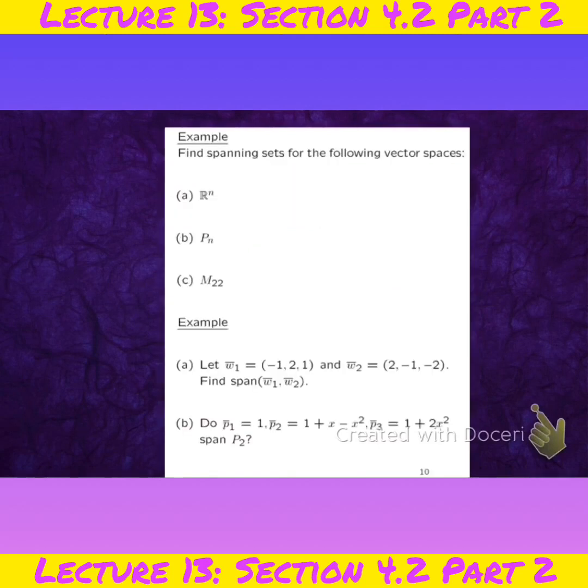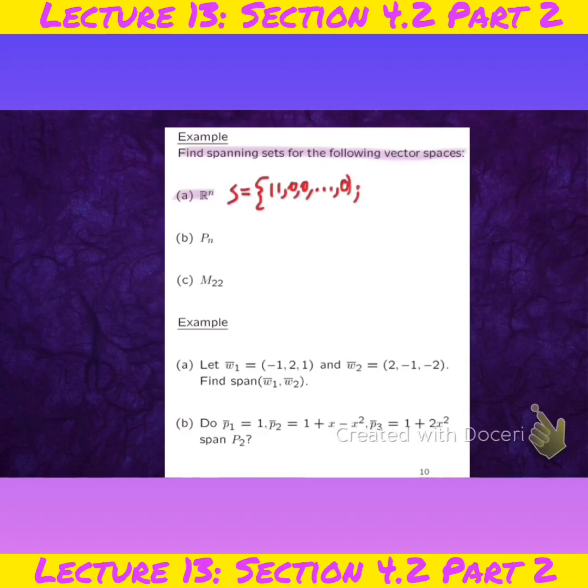Right, so if we go on to the following example, here they ask us, find spanning sets of the following vector spaces. So there's my first vector space. What would be a spanning set of the vector space Rn? All right, so a spanning set there, we call it S, would be the set of these vectors here.